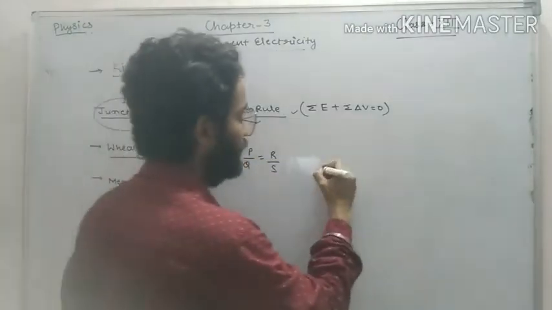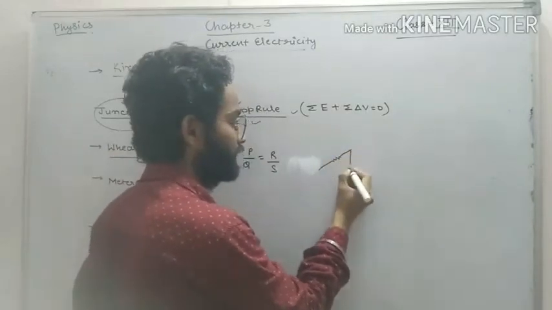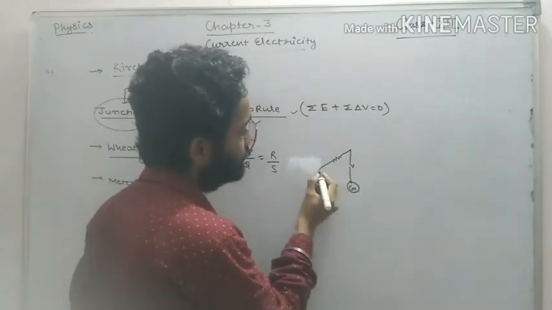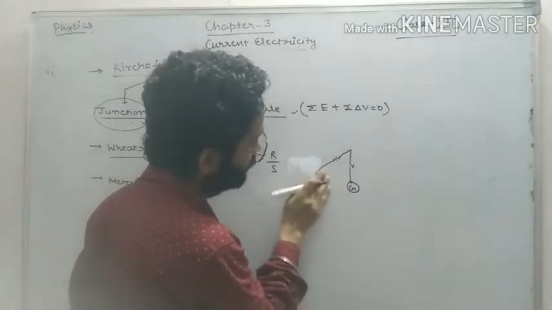If I make it like a bridge, suppose there is a key and a galvanometer. I am just forming it here.